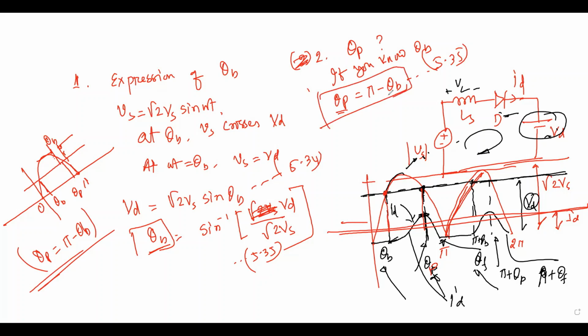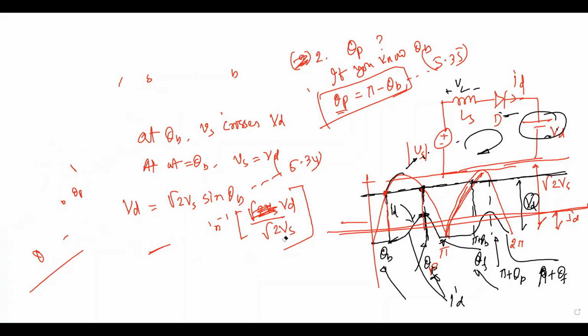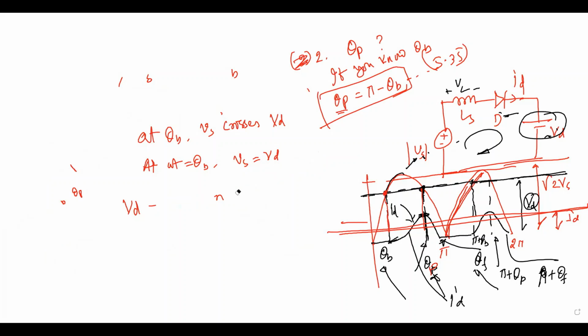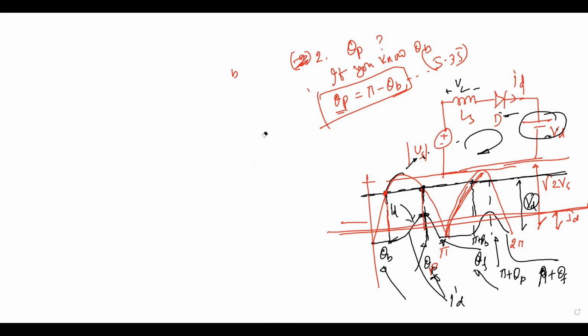Now we have to find out the equation of iD. We want to find the expression of iD. We can use the expression of vL. vL equal to Ls diD by dt.